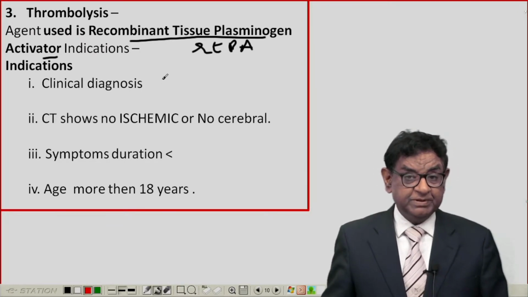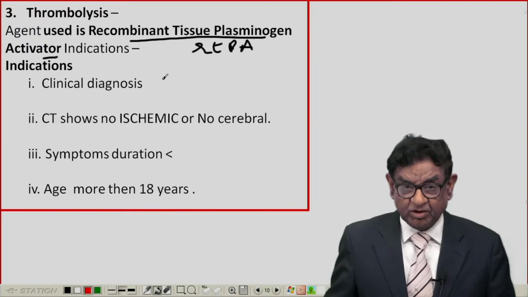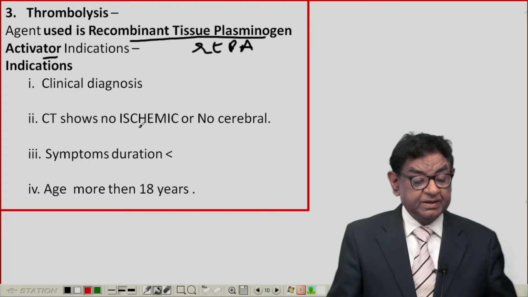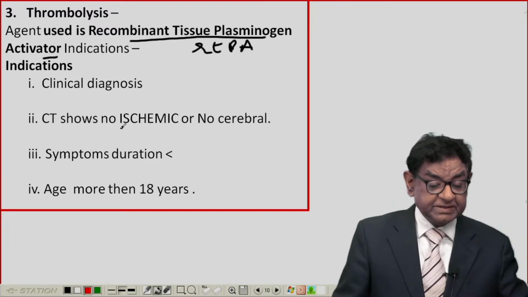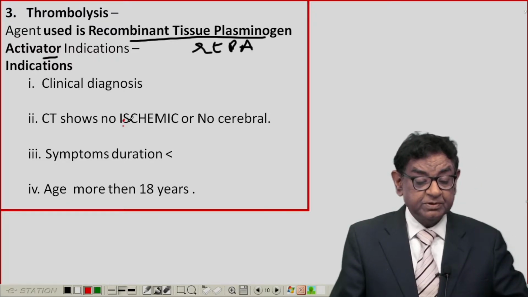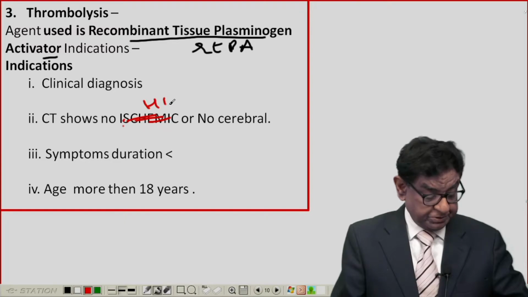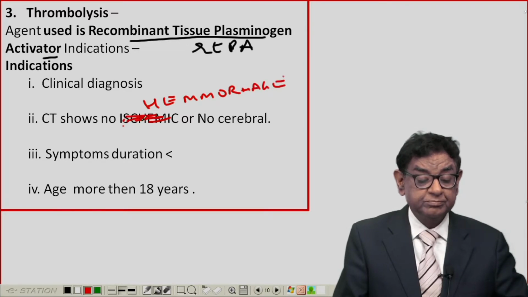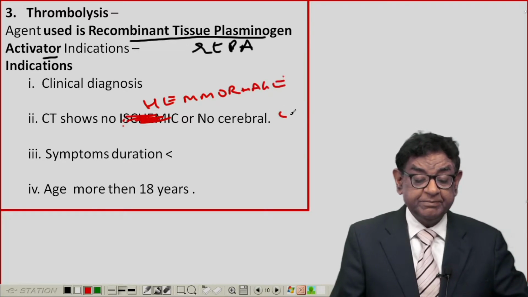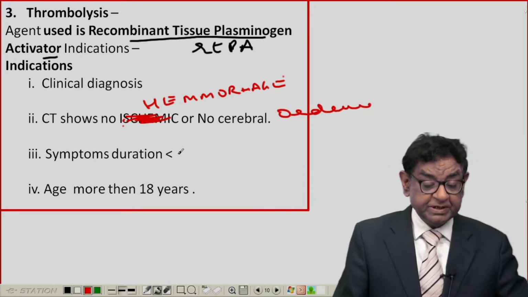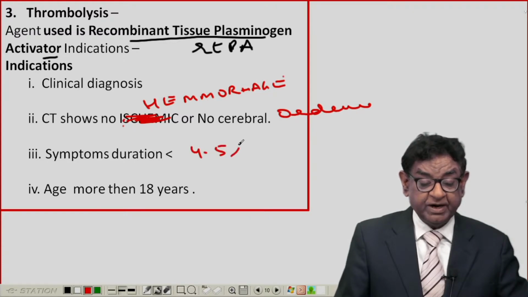Remember that we presume that the CT scan shows no hemorrhage and there is no cerebral edema, and symptom duration is less than 4.5 hours.